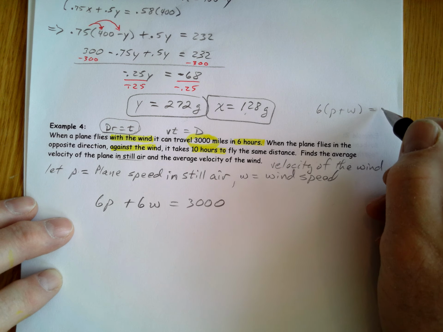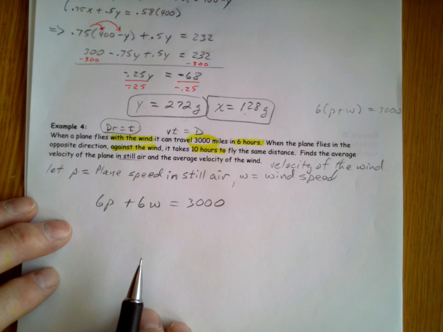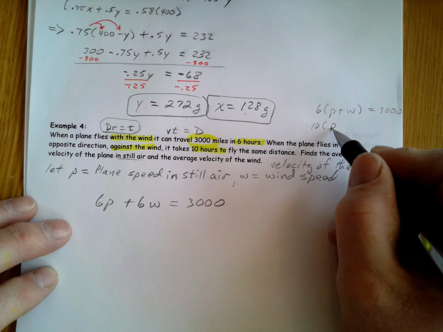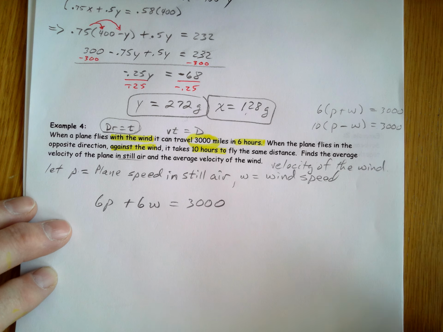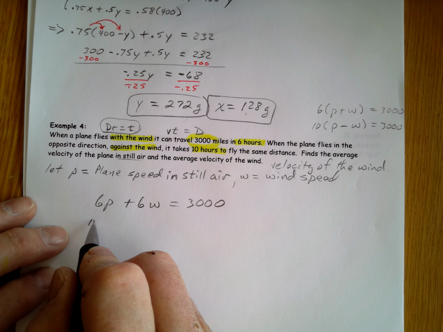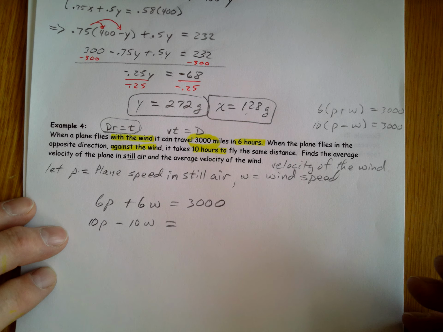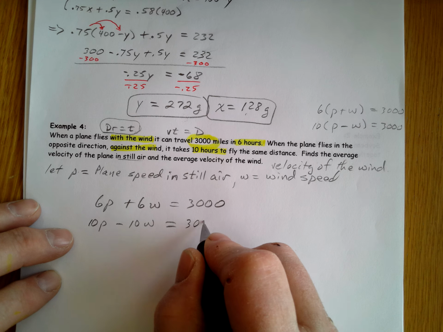Okay, instead, I just distributed it through. What would the other one be? 10 times P minus W equals 3,000. Okay, so this equation is going to be 10P minus 10W equals 3,000. I meant to say one more thing about this up here.